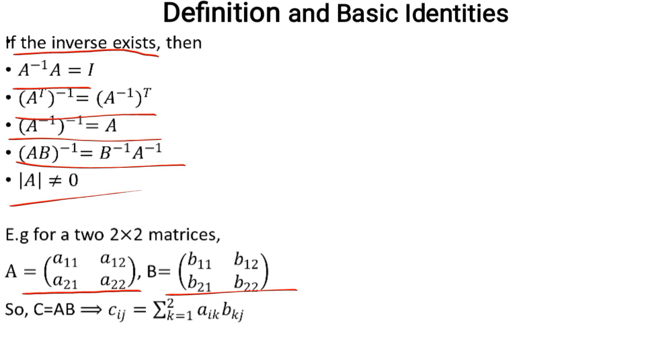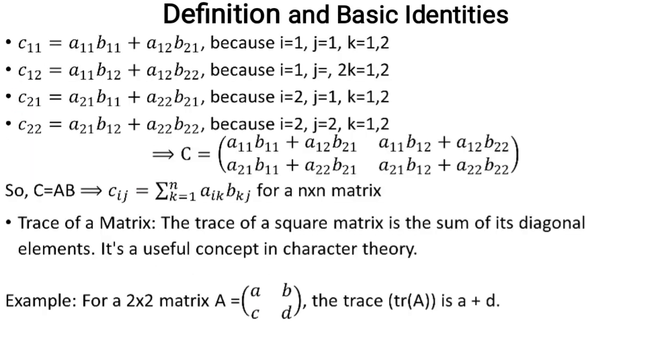Well, so we know what C would look like. Instead of it going all the way to n, we're going all the way to 2 because they are just 2 by 2 matrices. And again, note the sum runs over ik and kj for the A and B, like that. Okay, so what do we get?